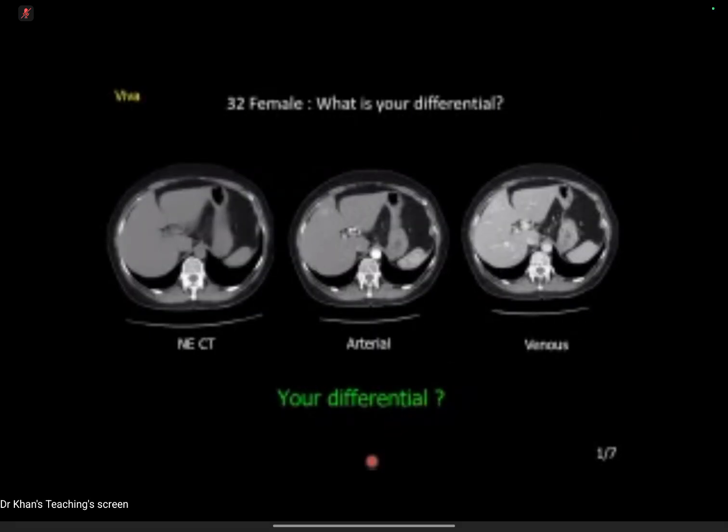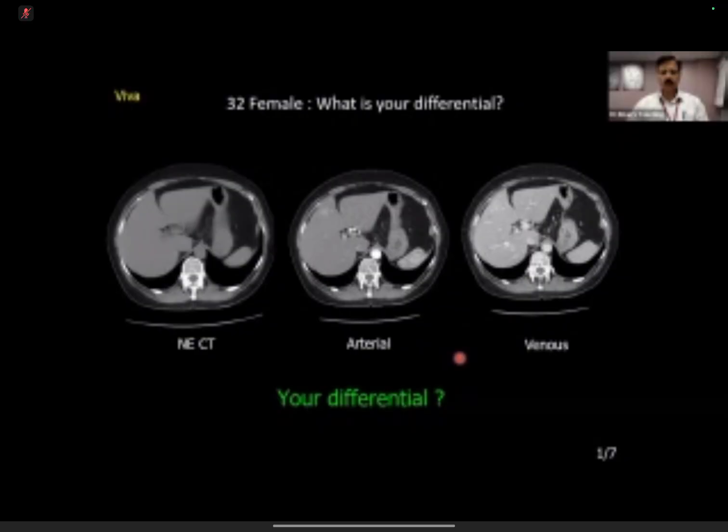So on the non-enhanced, it's iso to hypoattenuating. On the arterial phase, again, it's hyper-attenuating, and on the venous phase, it becomes completely iso-attenuating to the liver. So what is your differential now?